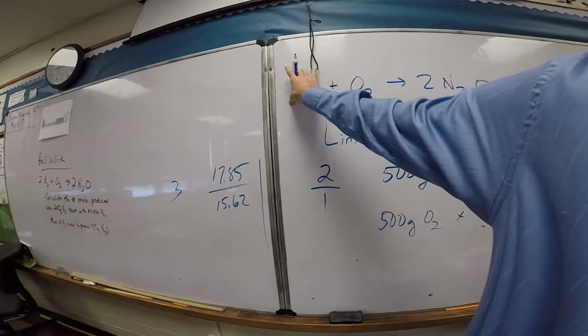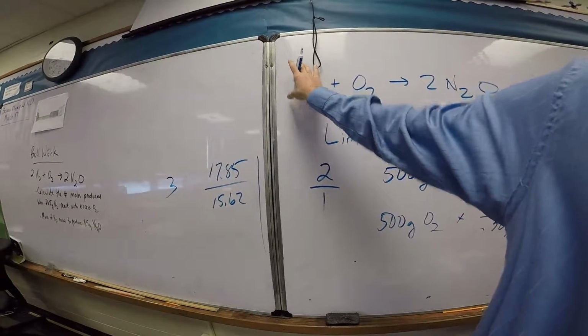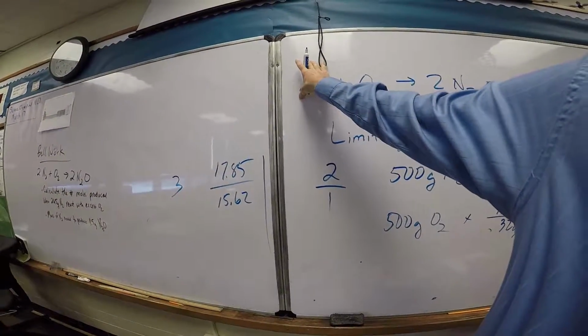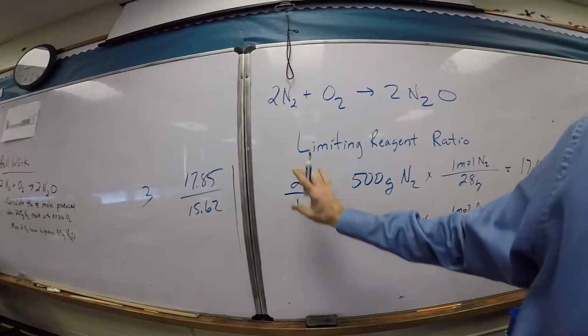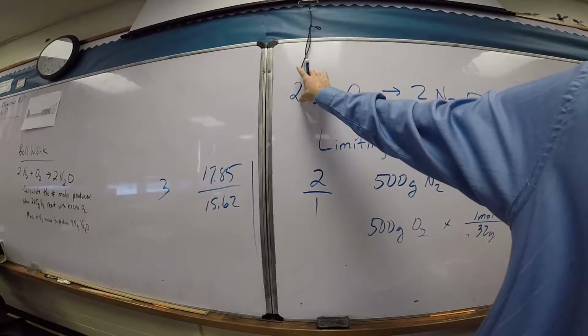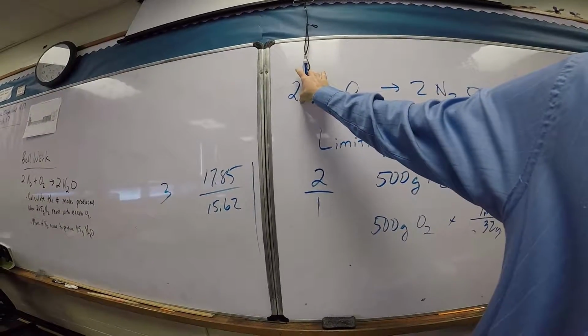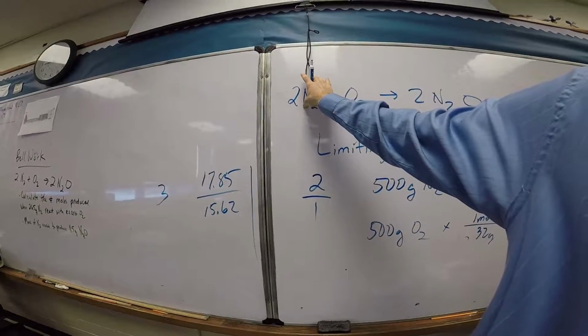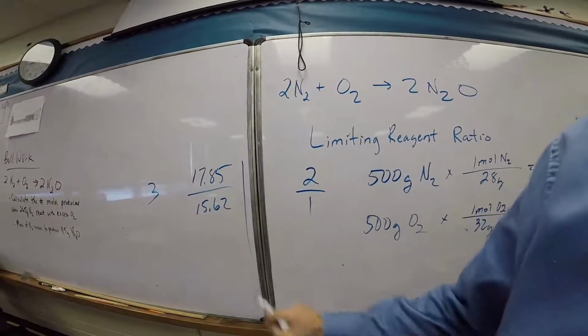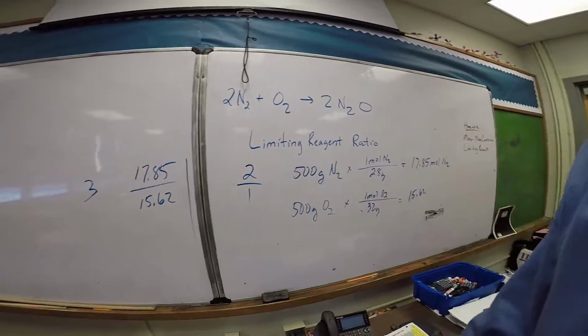This one is excess, right? Does that make sense? So if you have something greater than 2, this is excess. If you have something less than 2, then this is limiting. Make sense? Because you need at least 2. If you don't have at least 2, then this is going to be limiting. That's how I look at it. I do the comparison. A lot of different ways to do it, but this is the way I do it.